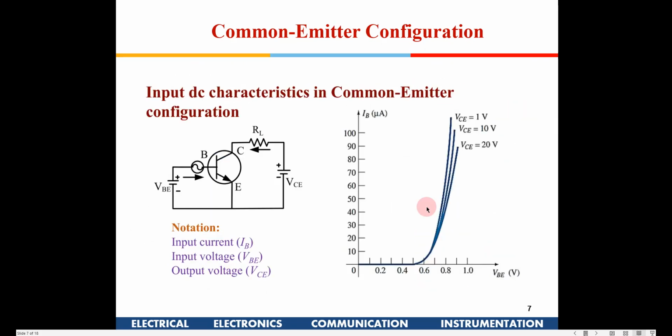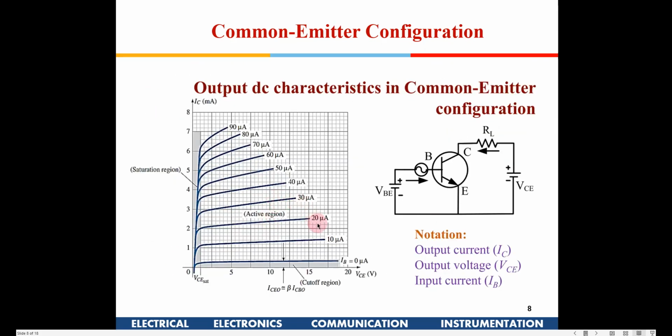Now if I go back here, if you see for a low current here, it is around 150, so beta comes to be around 150 here.